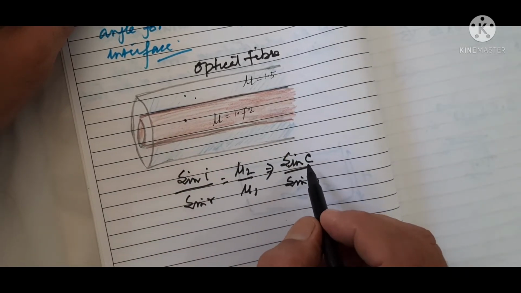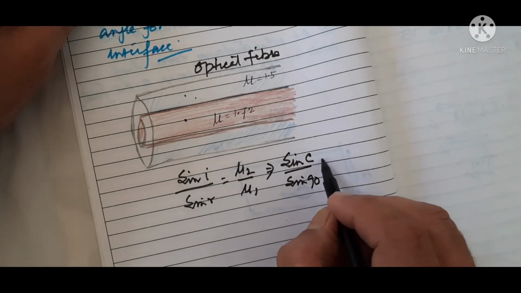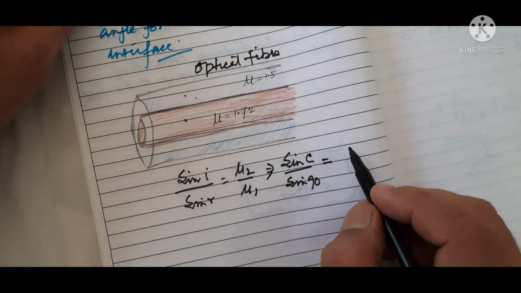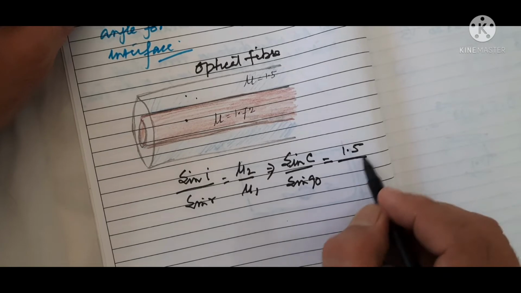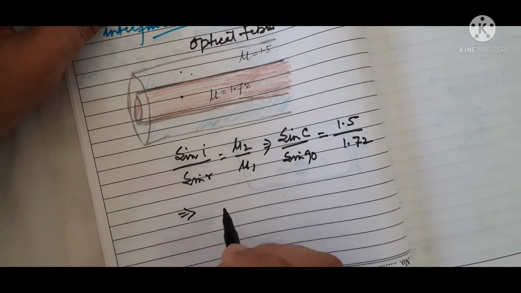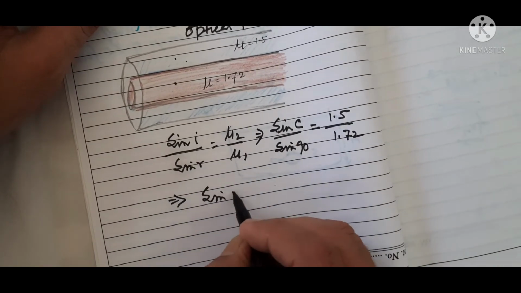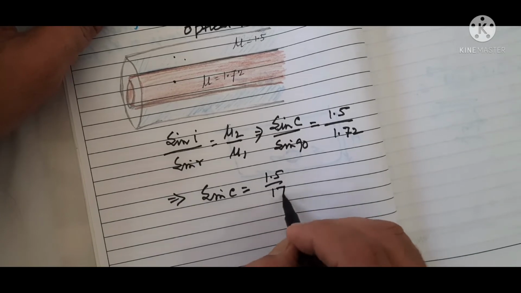Critical angle is a particular angle of incidence for which the angle of refraction is 90 degrees. That should be equal to 1.5 by 1.72. So directly we can find sin C. So sin C is equal to 1.5 by 1.72.